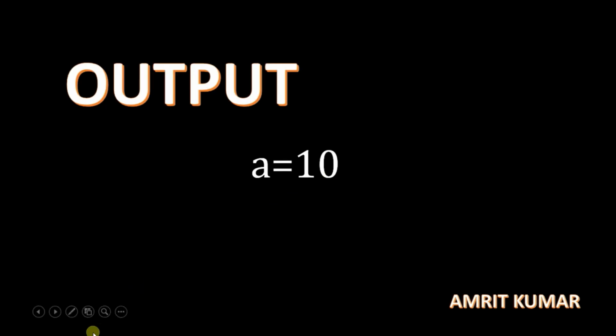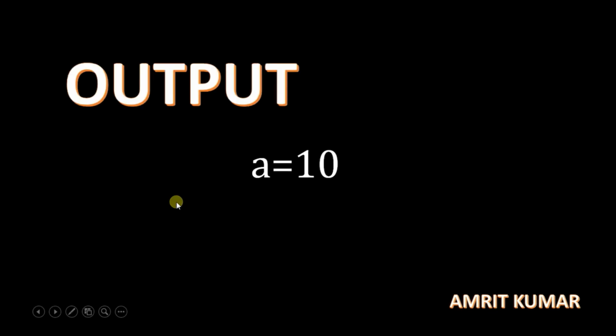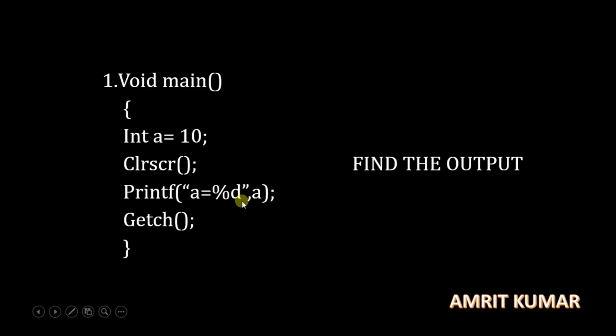This is a very basic question of C language, because we are using all the elements that we have studied so far: the data type, the clear screen function, the printf function, the format specifier, the variables, and the getch function which is used to get a character.